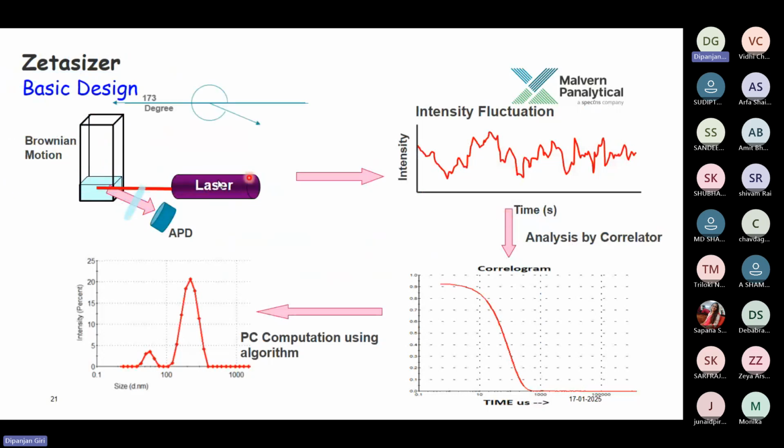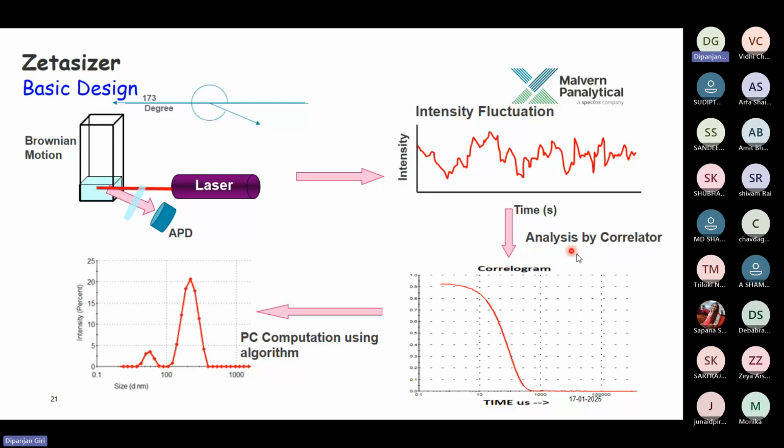You have to put the sample, light it with the laser, and observe the intensity fluctuations caused by the Brownian motion of the particles.